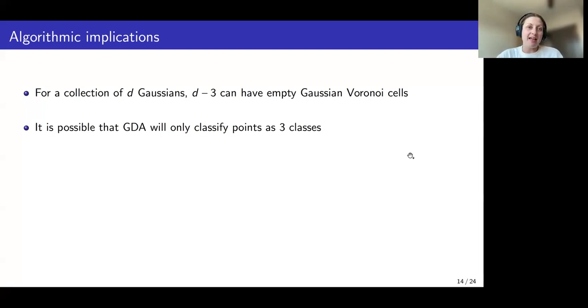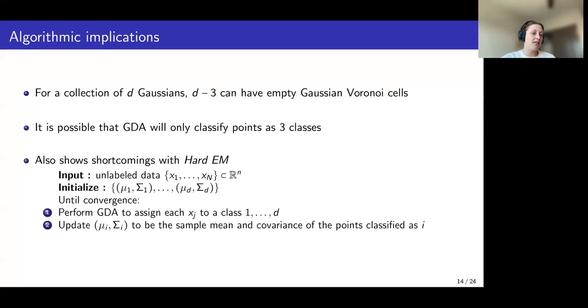And okay, for that application in and of itself, that's maybe not so great. But moreover, this Gaussian discriminant analysis is actually used as a sub-procedure in some other algorithms. There's a pretty popular algorithm called the expectation maximization algorithm, and there's a version of it called hard EM.